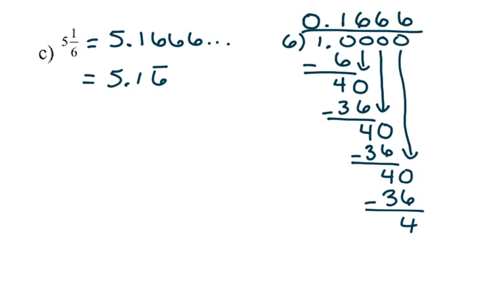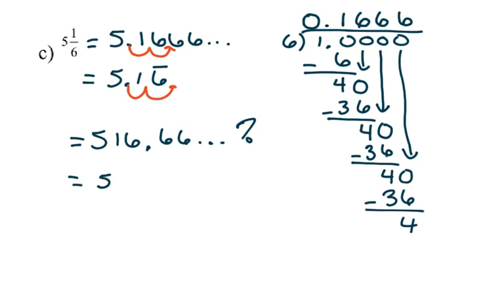And now what we will do is change this to a percent. And so we take our decimal, we move it 2 to the right. And so the top one can be written as 516.66... percent. The second one can be written as 516.6 repeating.